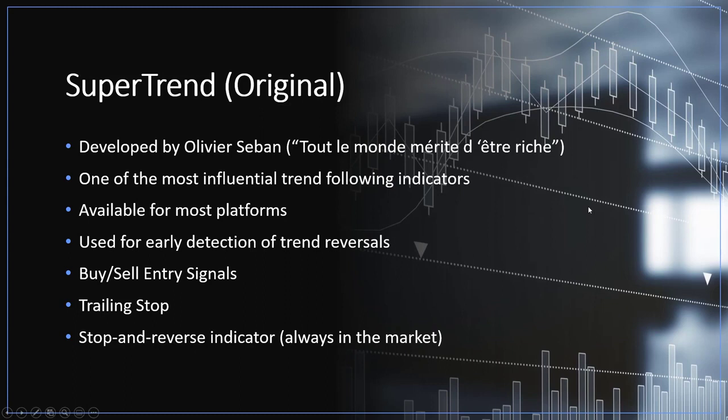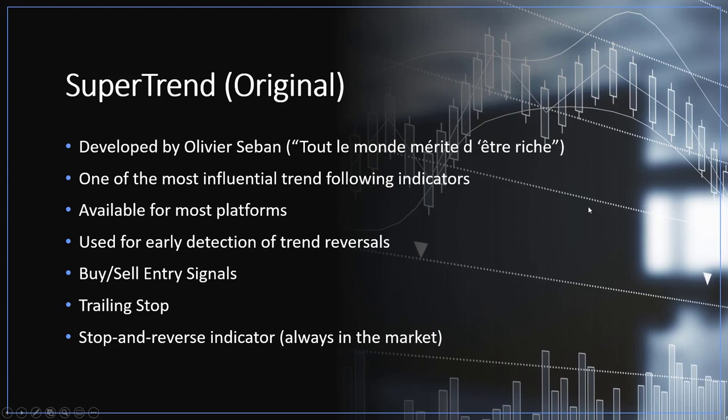And trend reversals are identified by buy or sell signals on the chart. The indicator comes with what's called a trading stop, which is tightened as price moves in the desired direction. And it is what is called an always-in-the-market indicator, or in other words, a stop and reverse indicator. And what this means, we'll discover together right now.